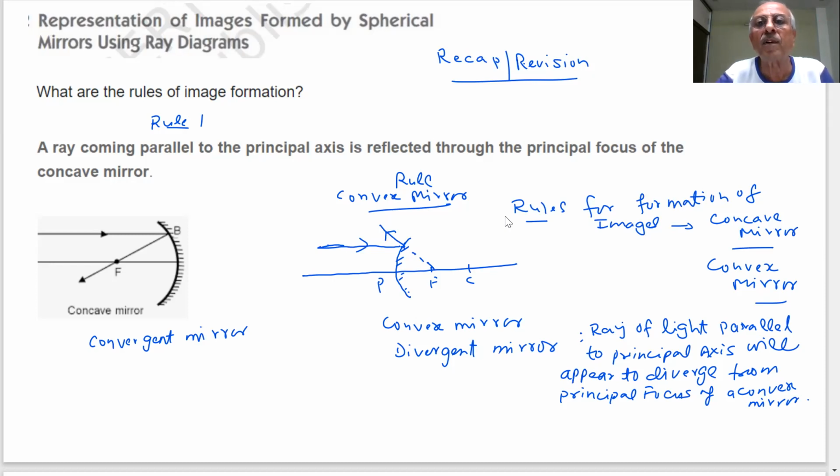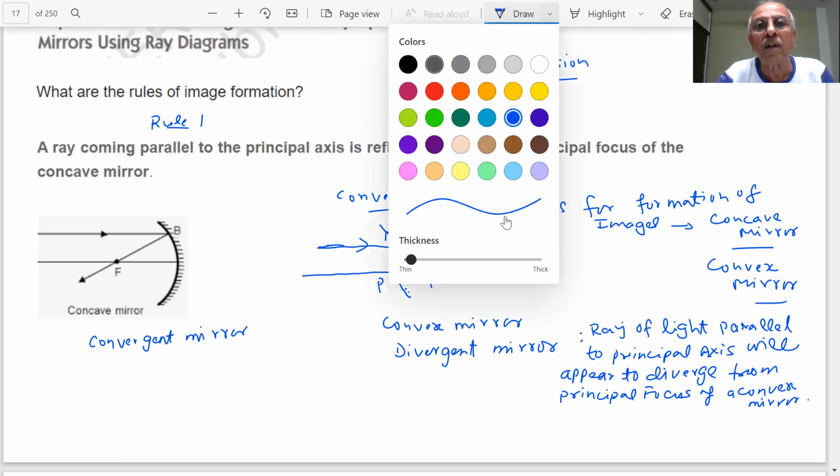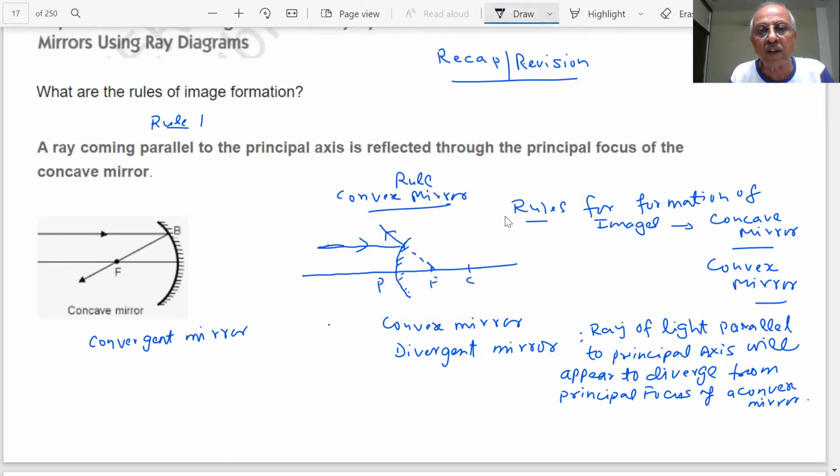Note down, very important. All this we are going to use again, student. Let me change the color. So this is the case of a convex mirror, a divergent mirror. This is my Rule 1.